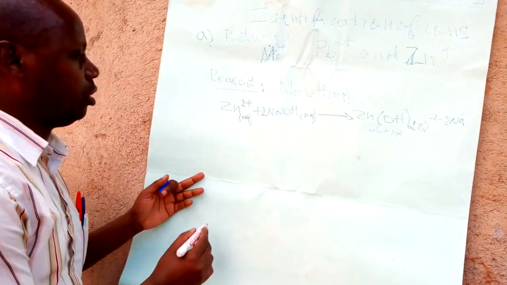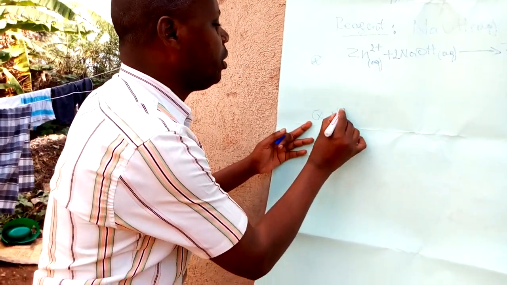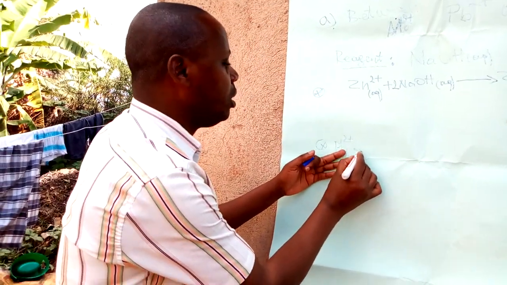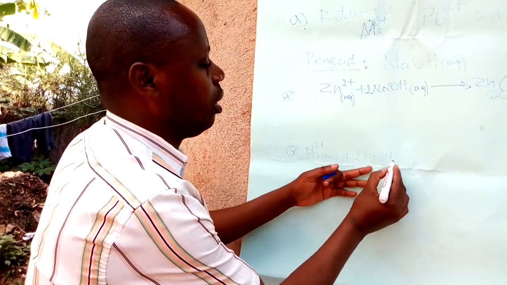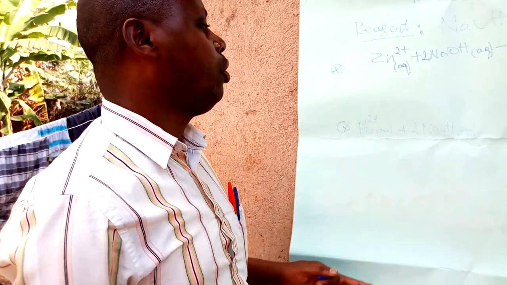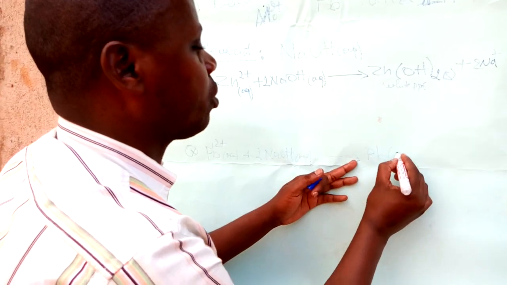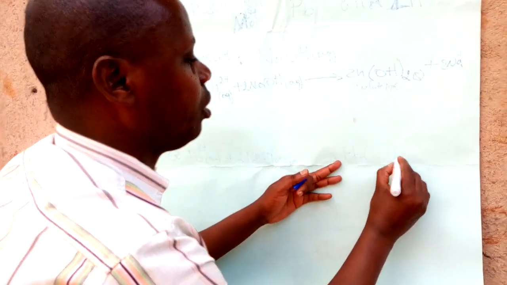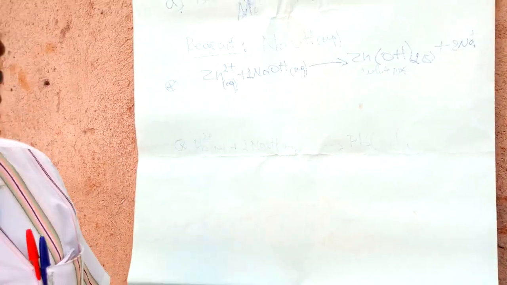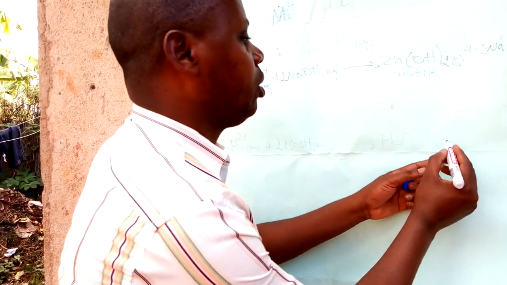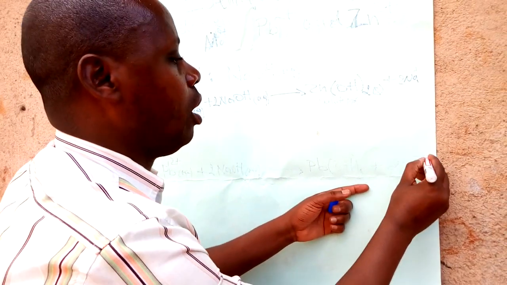This white precipitate, on another side, we take also lead ion. Also, when it is with 2 moles of sodium hydroxide aqueous, you can find lead hydroxide, and this lead hydroxide solid is also accompanied by 2 moles of sodium ions.